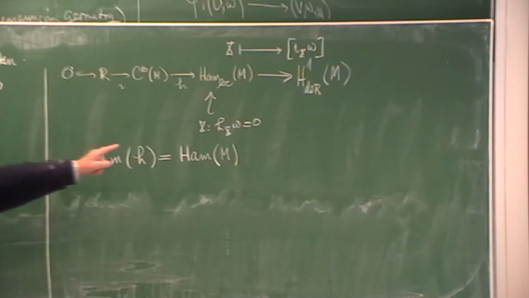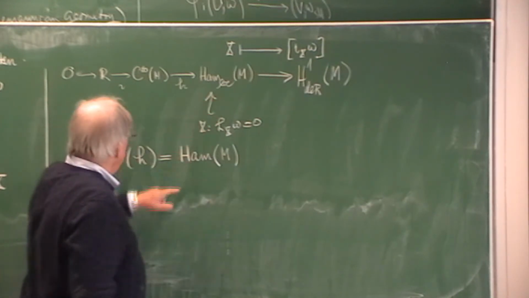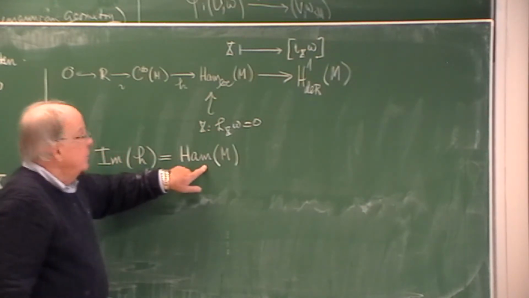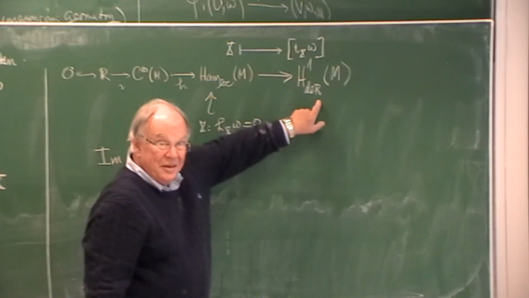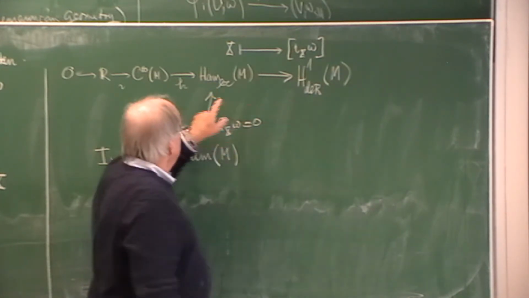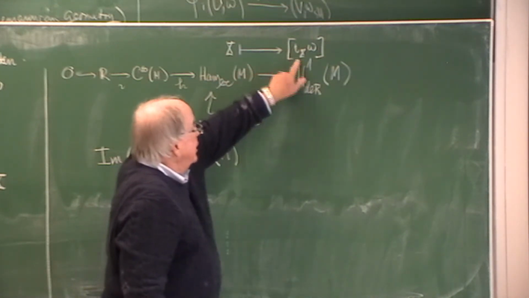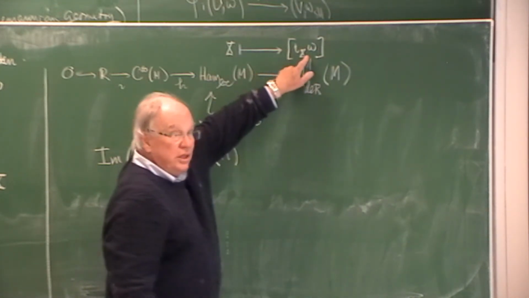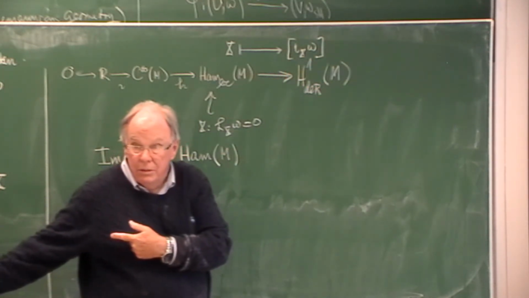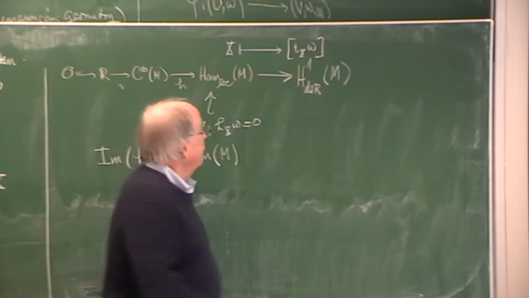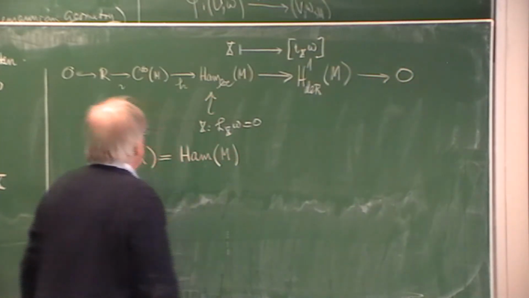If it's d of something, then it's in the image. So I'm trying to characterize the image of this by the kernel of this, because the kernel of this is the equivalence classes in de Rham cohomology such that this thing is exact. That's what I'm just trying to get. And you can check that you have an exact sequence.